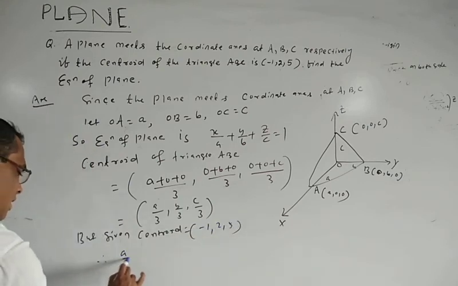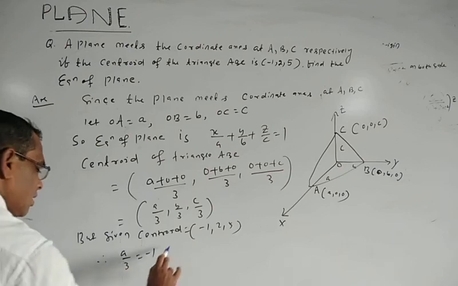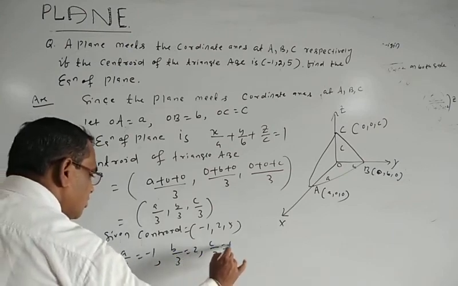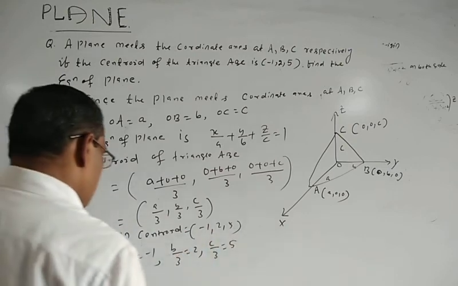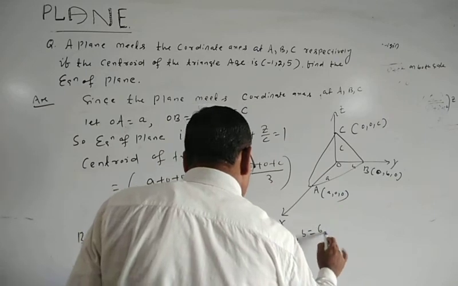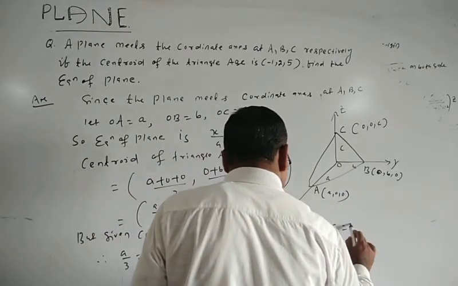Therefore, a by 3 is equal to minus 1, b by 3 is equal to 2, and c by 3 is equal to 5. That implies a is equal to minus 3, b is equal to 6, and c is equal to 15.